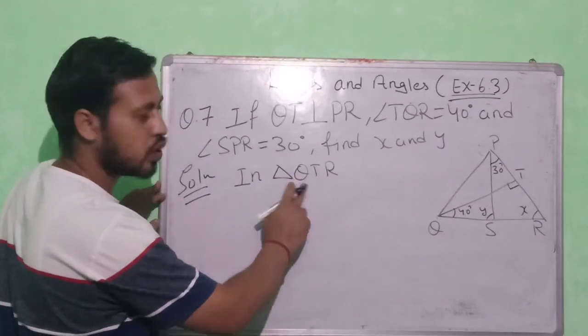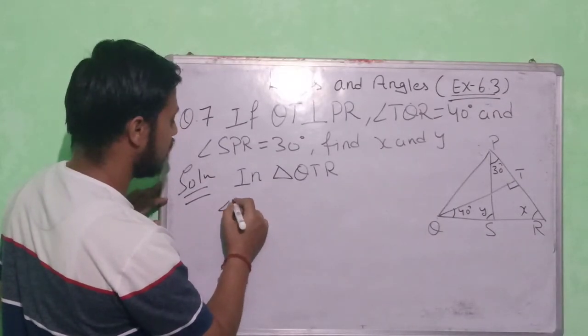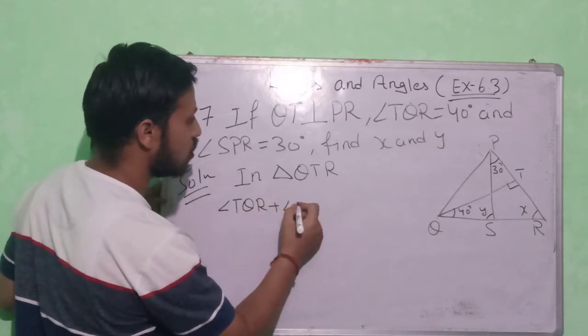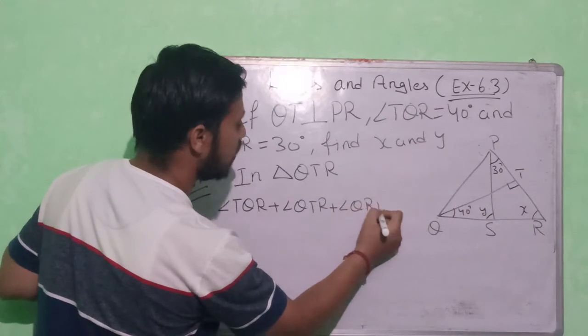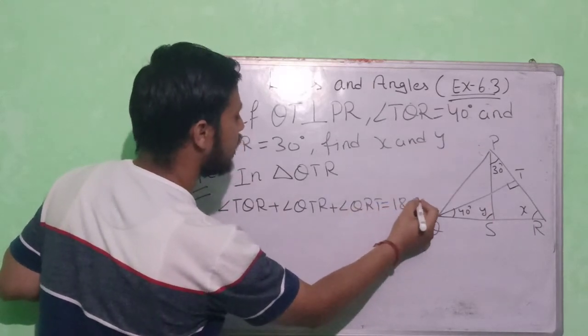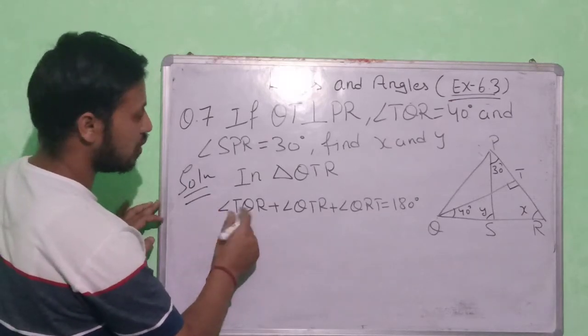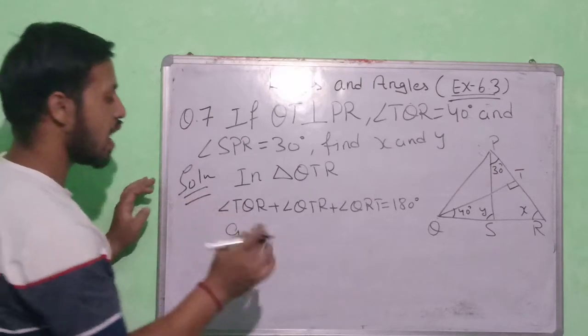In triangle QTR, angle TQR plus angle QTR plus angle QRT equals 180 degrees. Again, angle sum property.